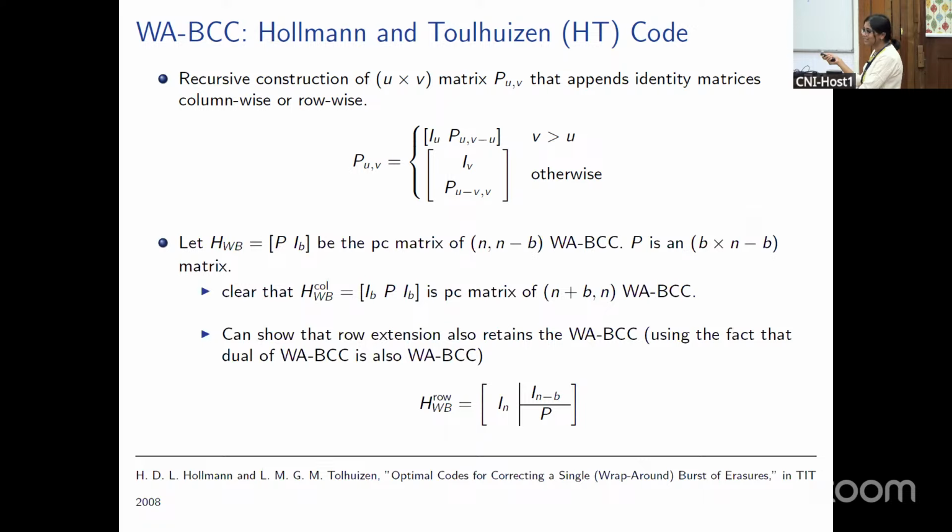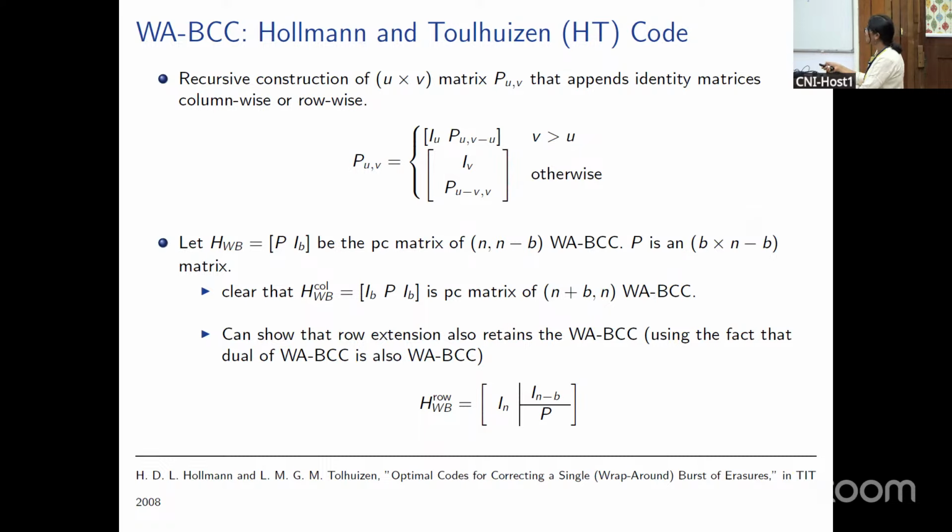Again, the argument is a recursive argument. So here, suppose we already have a wraparound burst correcting code with PIB structure. Just appending it with an IB should not change these properties, right? Because it was already wraparound burst correcting. So this appending on the left should not change it, and this is why this column-wise appending is working.